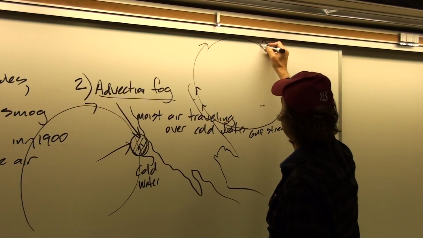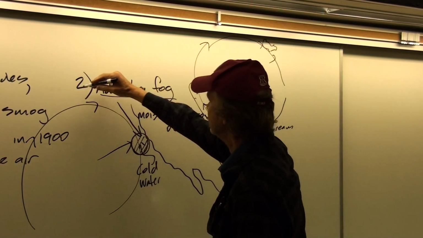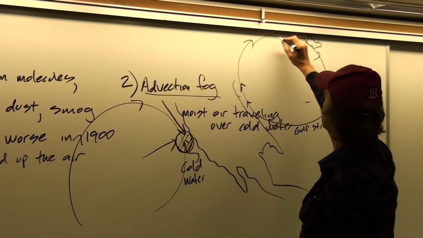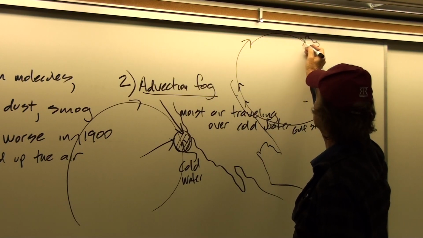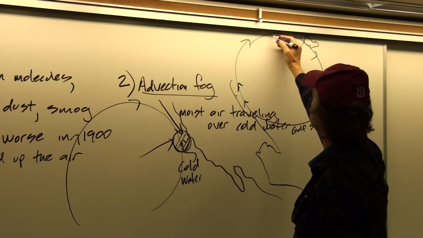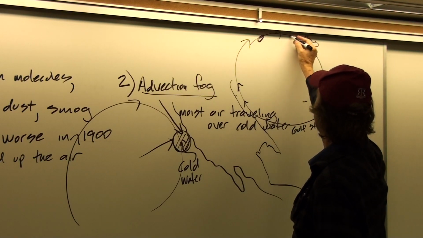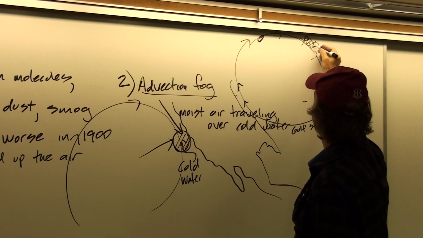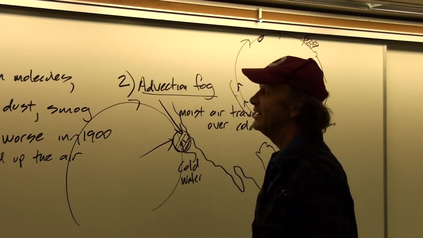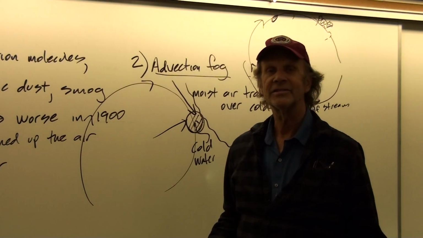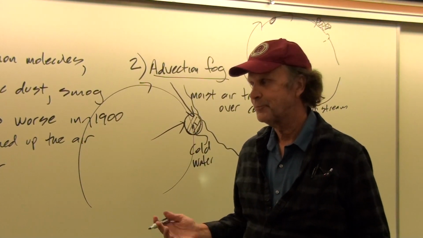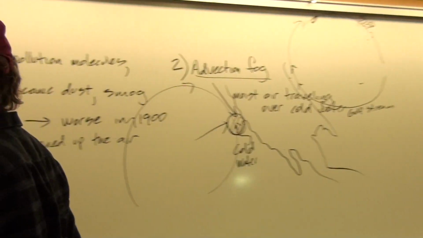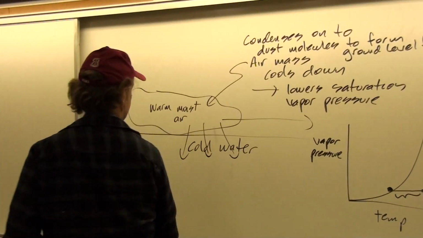See, in England, we've got the same kind of situation that we have here, where the convection is carrying the ocean currents from the Arctic. This would be Iceland up here, and then we'd be going down to England in there. And so you tend to get fog in England the same way that you tend to get fog in Southern California. So that's our second type of fog, way that we can produce fog.